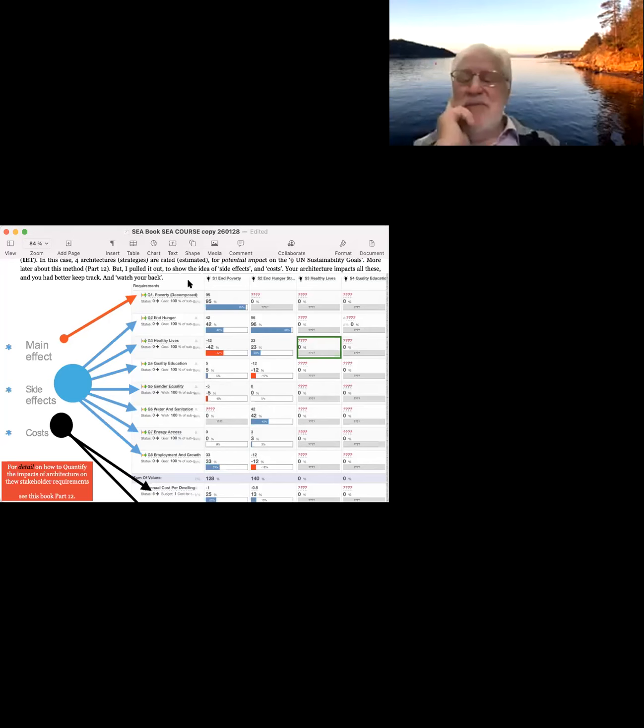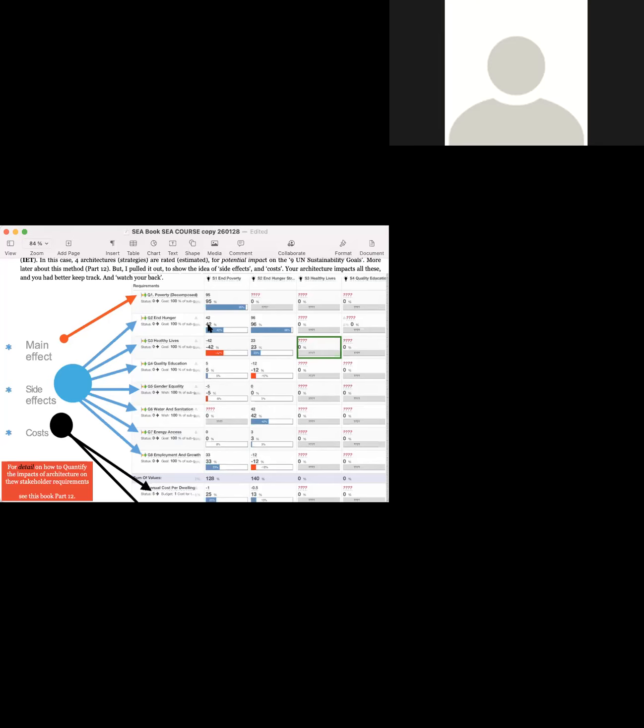Yes, your question. My question is related to this diagram itself. When you were explaining about Agile, how would we use Agile to implement this solution? So you said that if in our first iteration we want to implement poverty, then we could choose the first architecture, S1 and poverty, which is 95%.